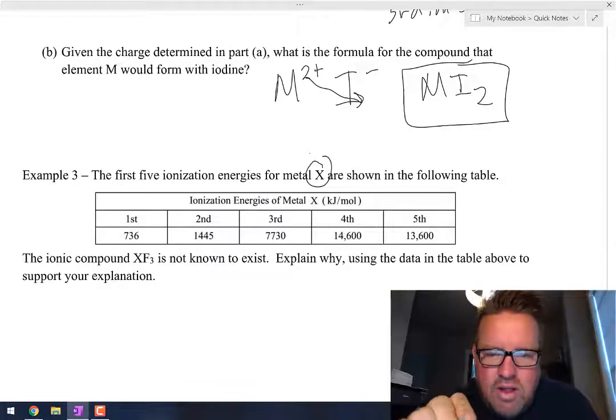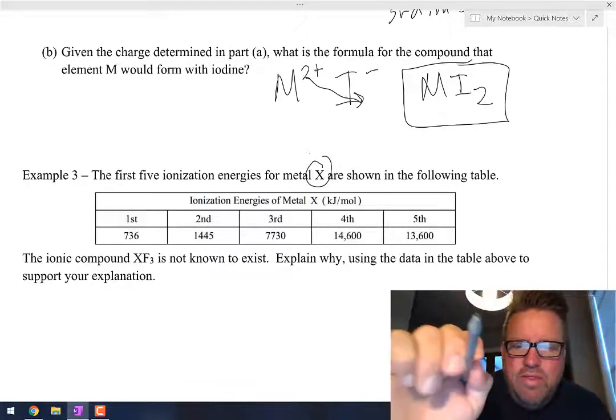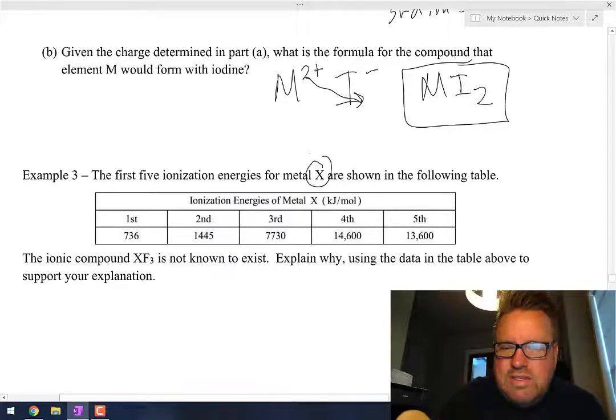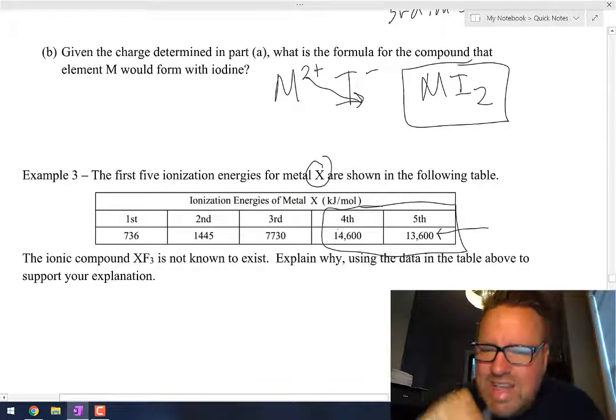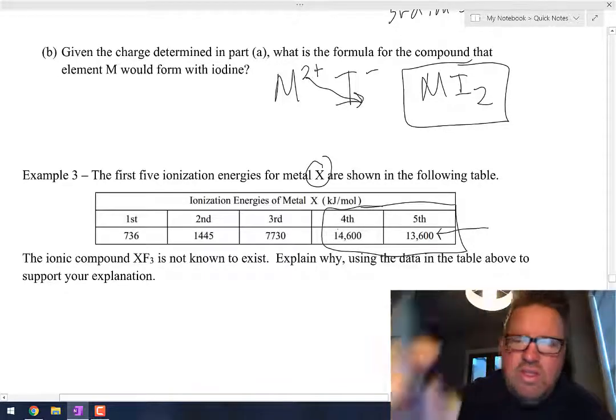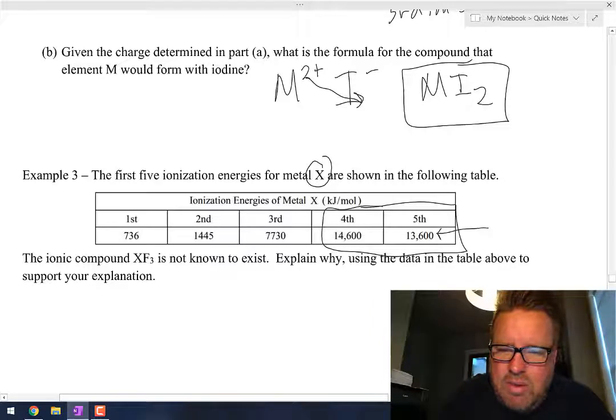First of all, I'm going to clarify one thing here. This is from an old AP test, and the College Board did admit we made a typo. Hopefully you can see that typo right here. There's no way that that fifth ionization energy would be less than the fourth. So the correct, let's just make up a number, let's say that's 15,600.